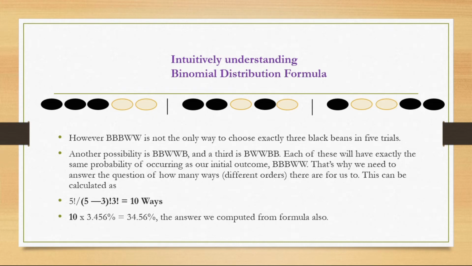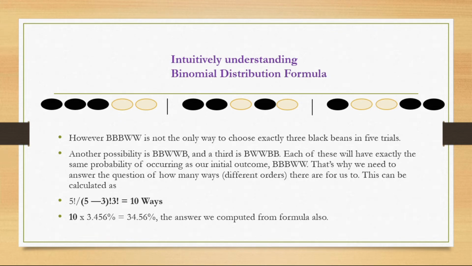B, B, B, W, W is not the only way to choose exactly 3 black balls in 5 trials. Another possibility is B, B, W, B, W, and a third is B, W, B, B, W. Each of these will have exactly the same probability of occurring as our initial outcome B, B, B, W, W. That's why we need to answer the question of how many ways there are for us to select 3 black balls.